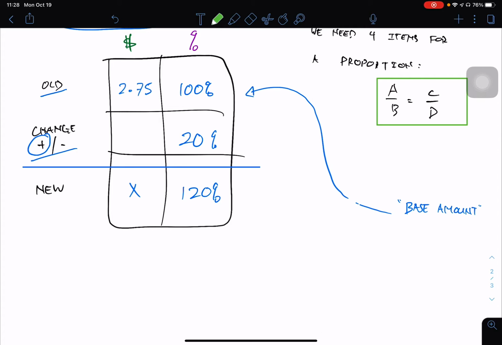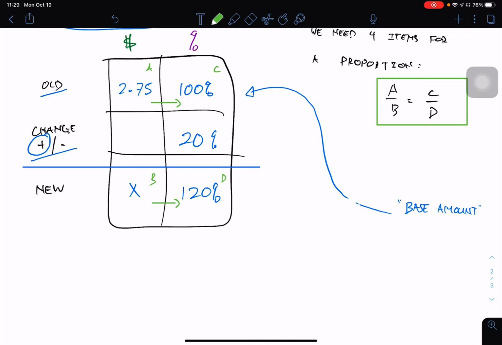We have A, B, C, and D. So you can only use 4 of them if they're in the same row and they have a neighbor as I describe it. So if you look on the left column here, the dollar column, you see that 275 and X are used, and I can only use those because they have a neighbor to the right here of another number. So the 275 has the 100% and the X has 120.